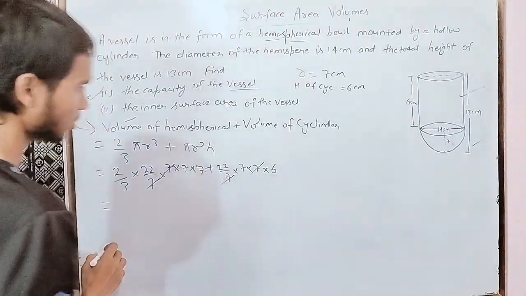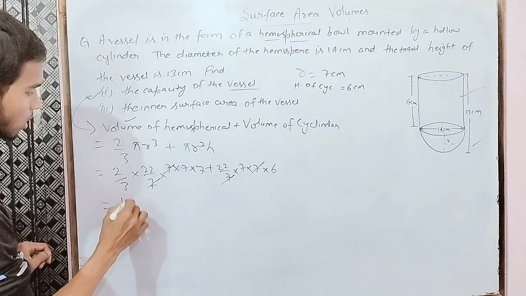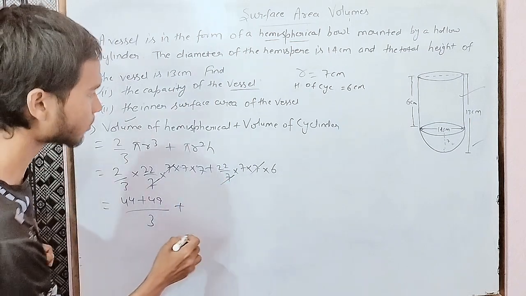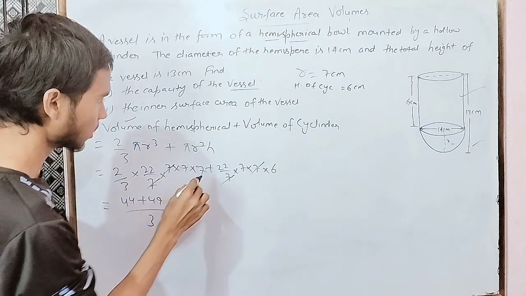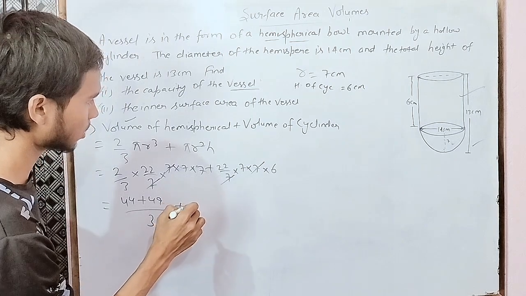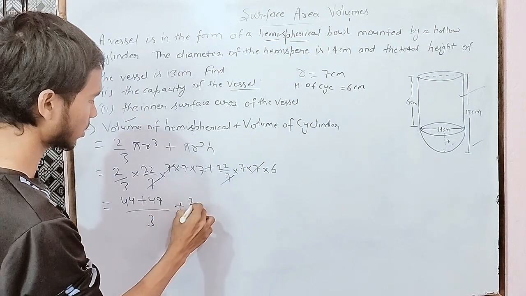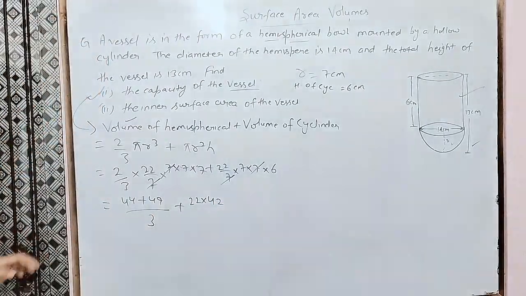Now we are going to simplify it further. It will be 44 plus 79 upon 3. Then it will become how much? 22 multiplied by 42, 6. Here, is it correct?